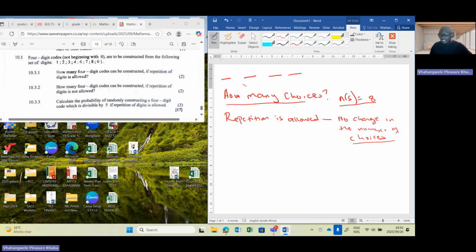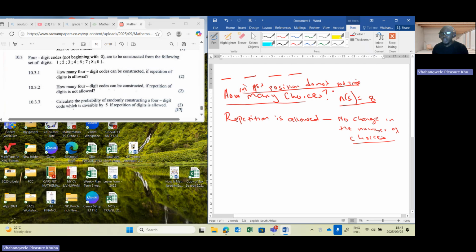But do not forget, some will change because of the restrictions. Remember, they have already told you that in the first position, do not put 0. So for position 1, because of that restriction, we don't have 8 choices.